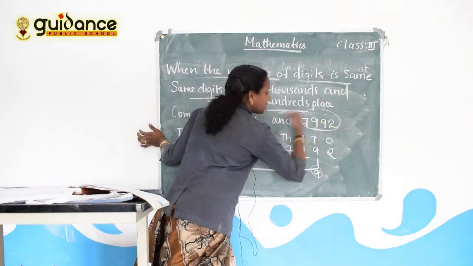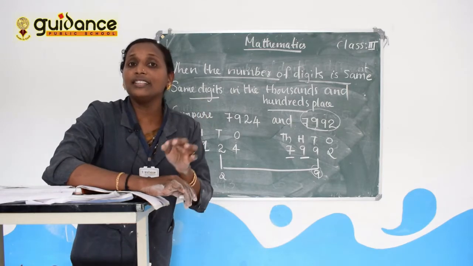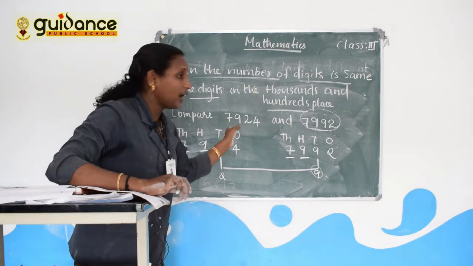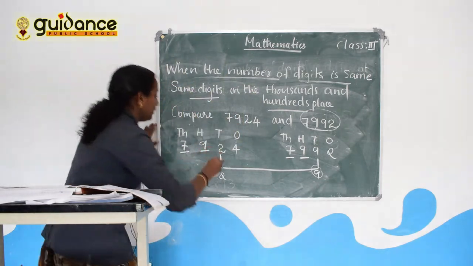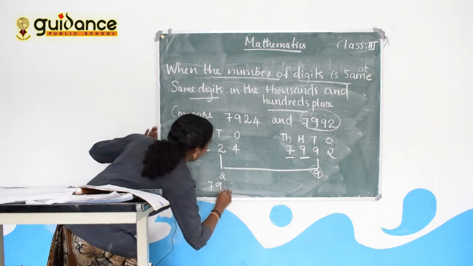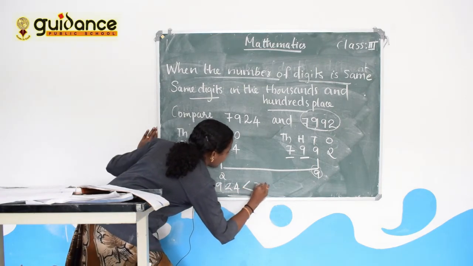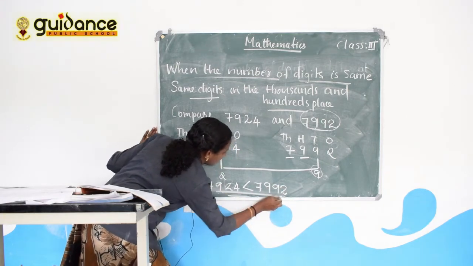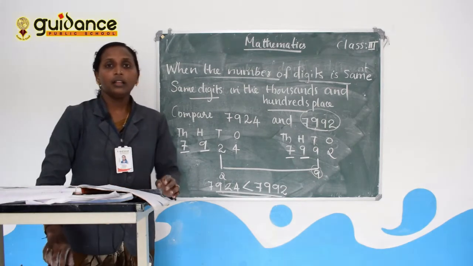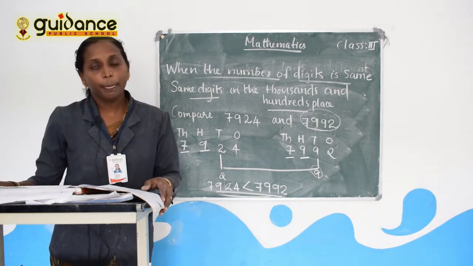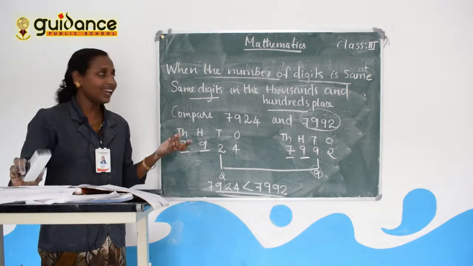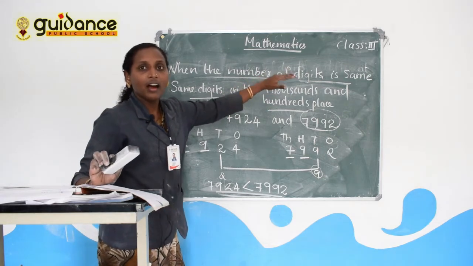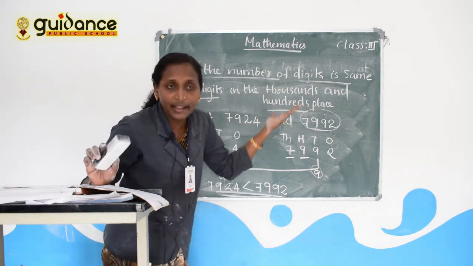That means 7,992 is the greatest number as compared to 7,924. That means 7,924 is less than 7,992. Okay, clear?